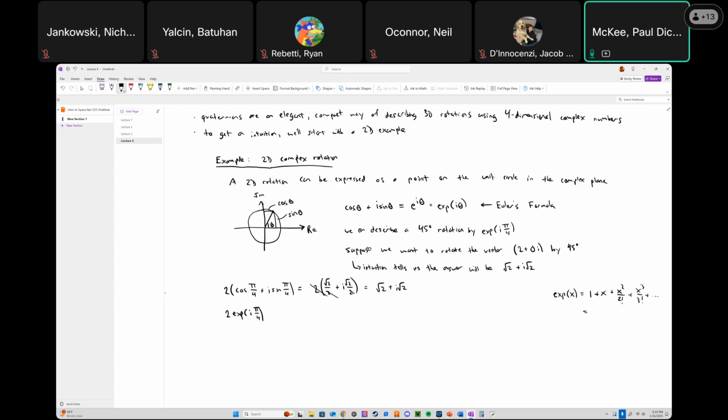Or you could think of it as the sum from n equals 0 to infinity of x to the n over n factorial.